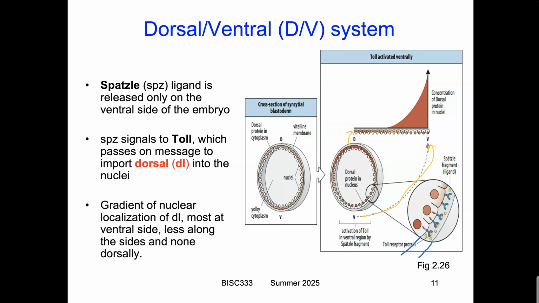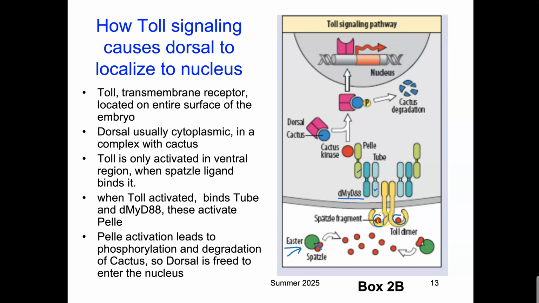And so these three are in a kind of complex. When Toll gets activated, then Pelle is a kinase, but it phosphorylates itself. So it adds a phosphate to itself, which then indirectly leads to the activation of a kinase that phosphorylates a protein called Cactus.